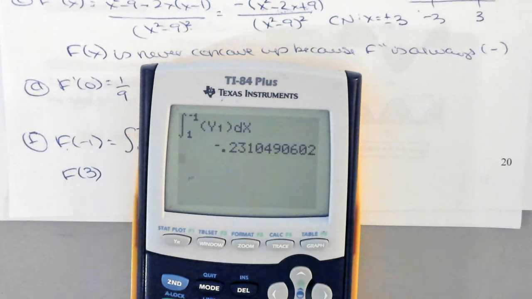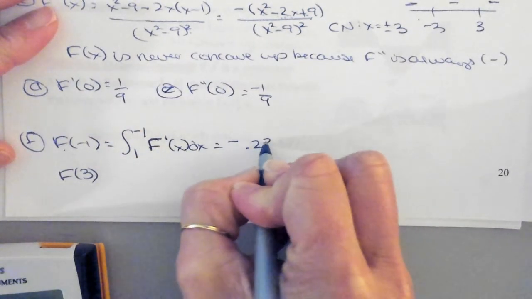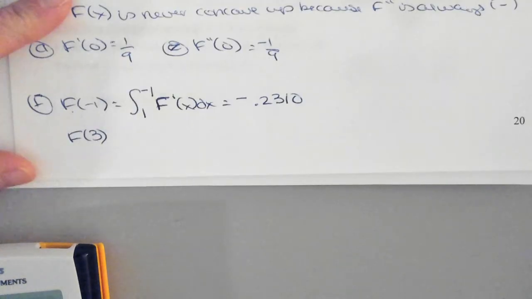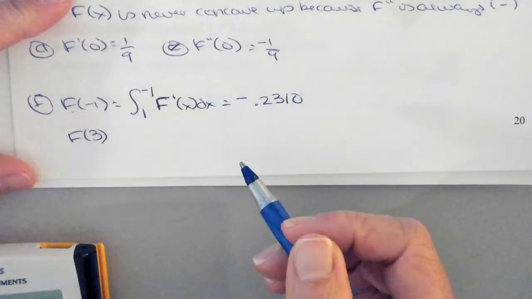Oh my gosh. It does it for you. You don't have to negate it. It'll do it for you. Isn't that crazy? This calculator is like the best. Okay, so my answer is negative 0.2310. That's the area under the curve, from negative 1 to 1, technically.